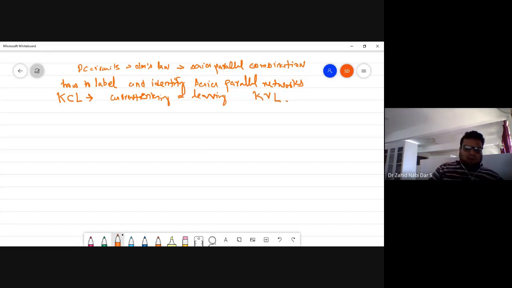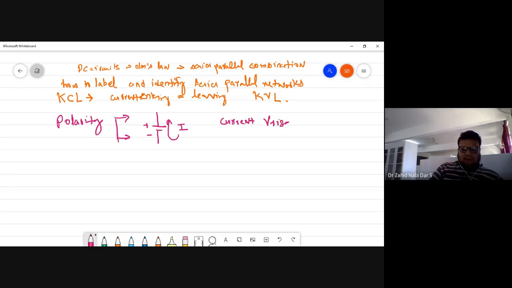Now one important thing in solving the circuit is that you have to consider the polarity. Polarity is very important. When I'm taking the polarity, if I have a voltage source like this, plus minus, and the current direction is like this, and my current direction is in the direction of voltage rise, I take this as positive.